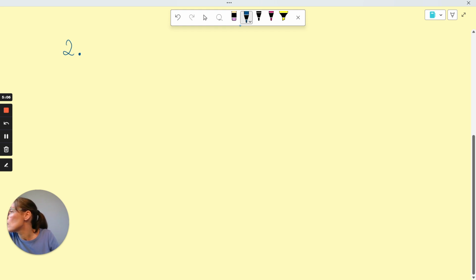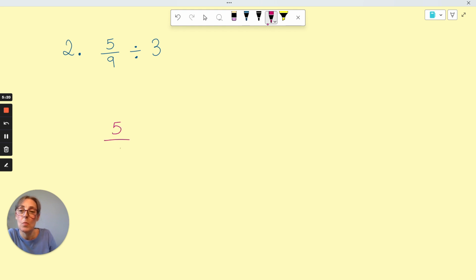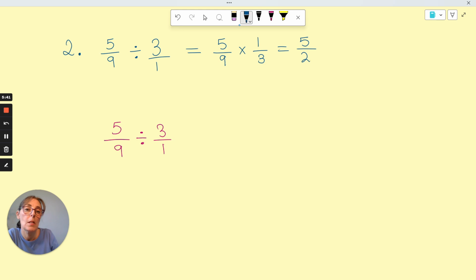Number 2. So 5/9 divided by 3. And I'm going to write it here underneath. I'm going to do each one both times. Keep, change, flip. 5 times 1 is 5, 9 times 3 is 27.